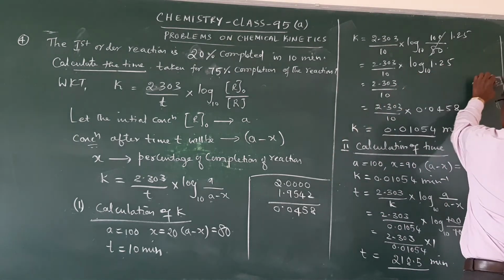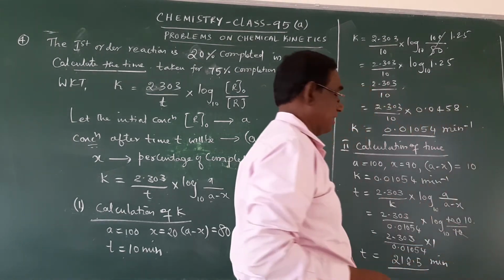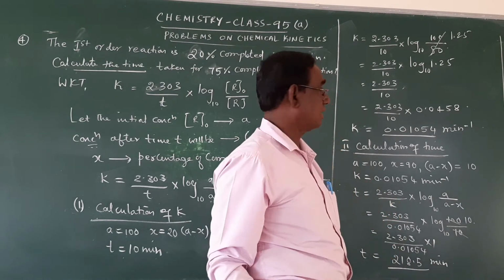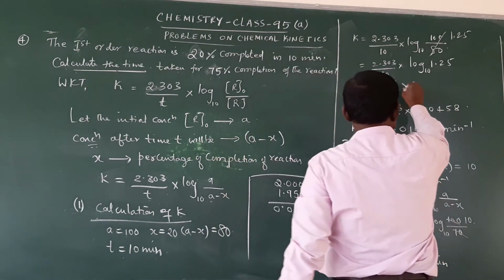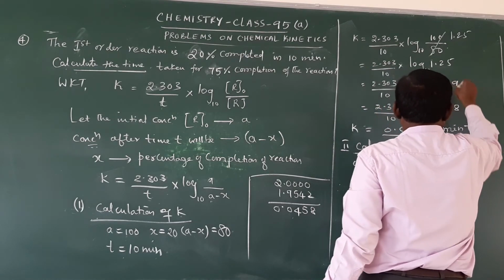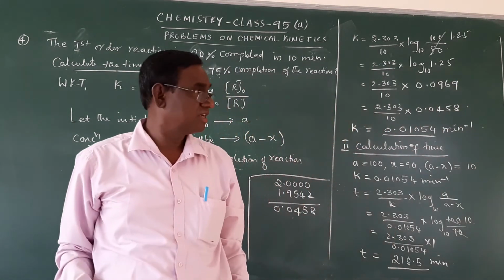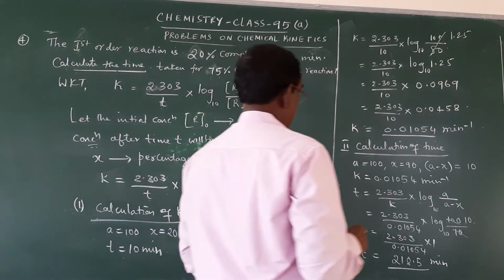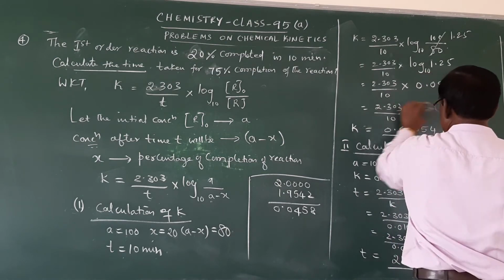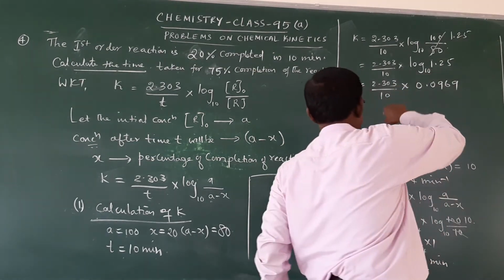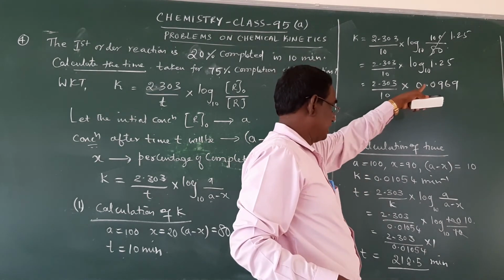But what is the value of log 1.25? If you observe in the log table, it is shown to be 0.0969. That is log 1.25 means 0.0969. So after that, the value for this, that is 2.303 divided by 10 into 0.0969.